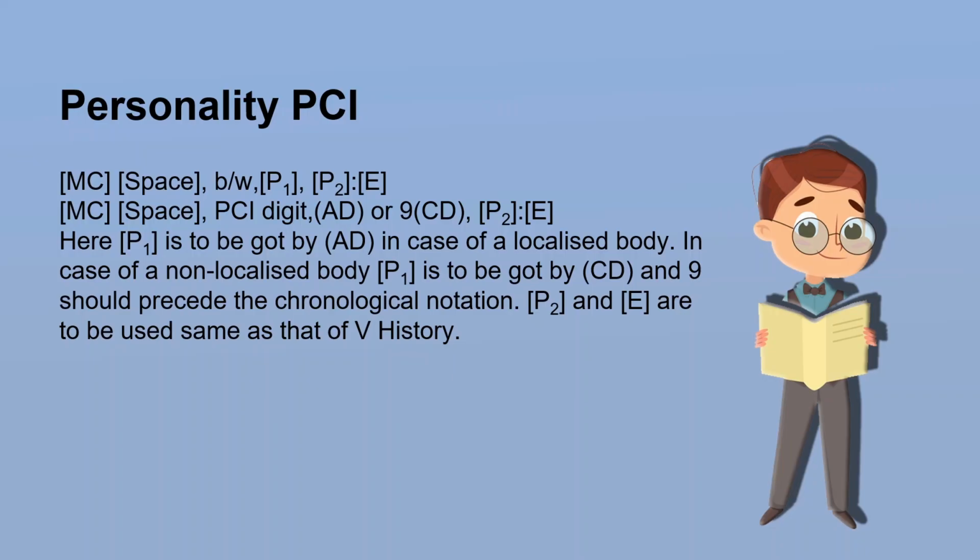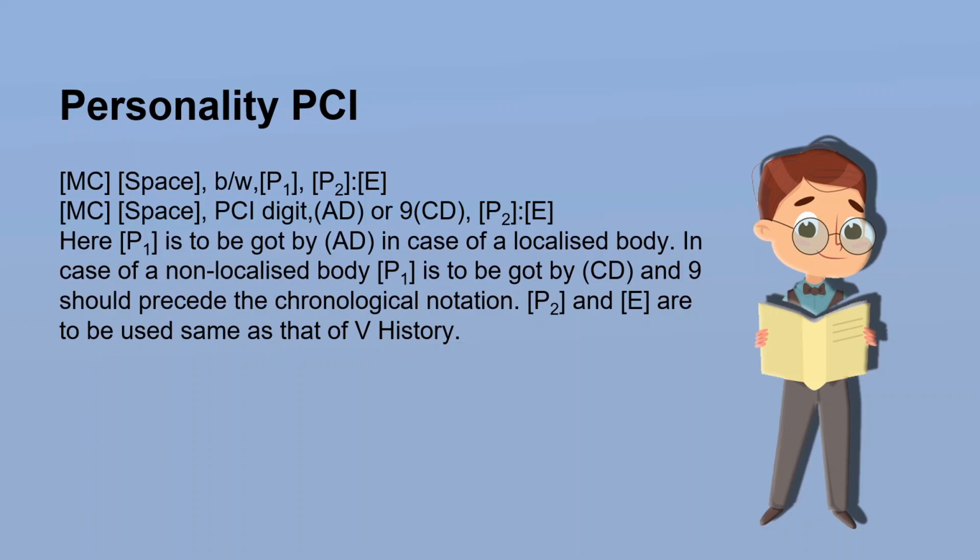But in case of a non-localized body, maybe a national level institution, the P1, that is the level 1 personality facet, is to be got by the chronological device, and 9 should precede the chronological notation.